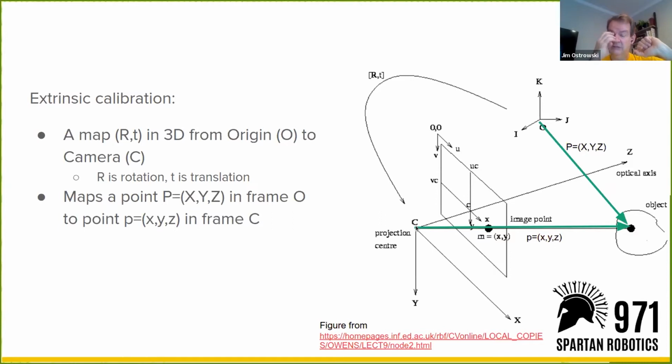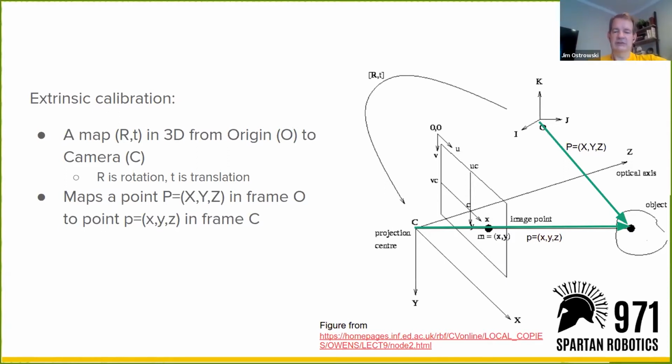It's an idealized camera center, the frame attached to the camera, and I'll talk a lot about the camera frame. What that map lets you do is take points that are in the world, I'll call this P, so that if I can figure out where that point is relative to the camera, this map allows you to figure out where that point is relative to the robot. And so that's why extrinsic calibration is important.